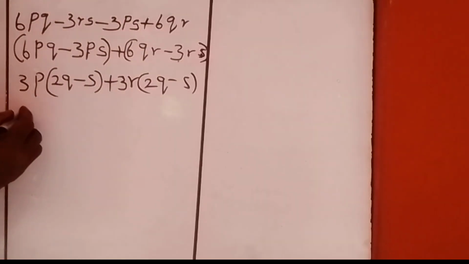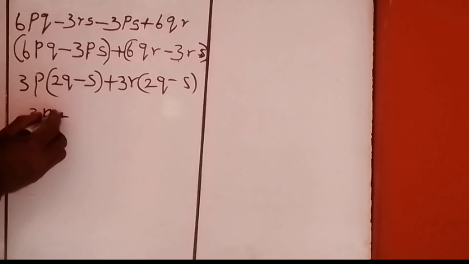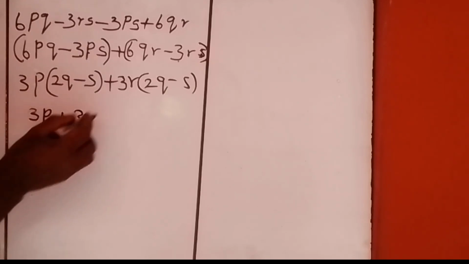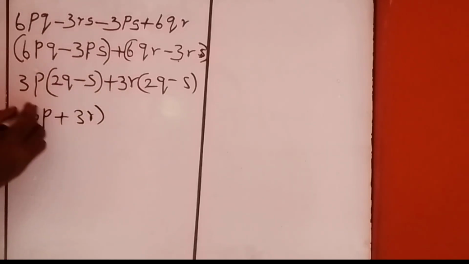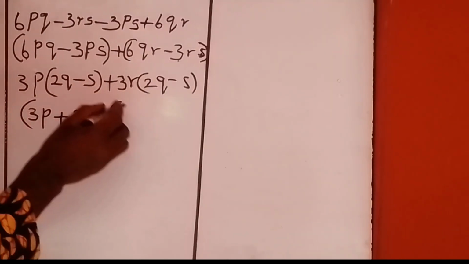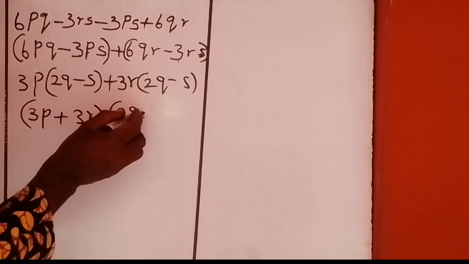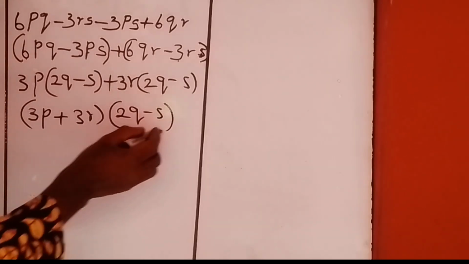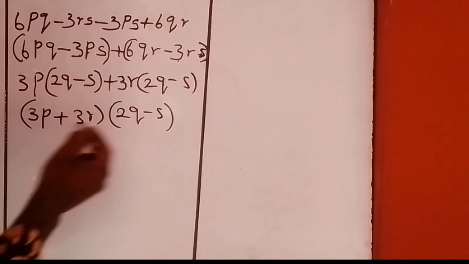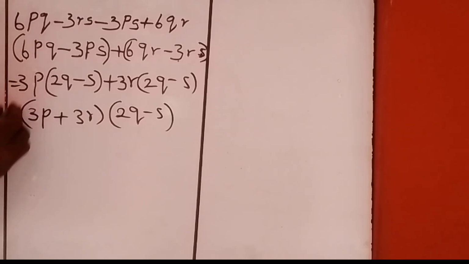Then go ahead and write 3P plus 3R, close bracket, then open bracket again, 2Q minus S. So you have factored this to this point, okay, but that's not all.